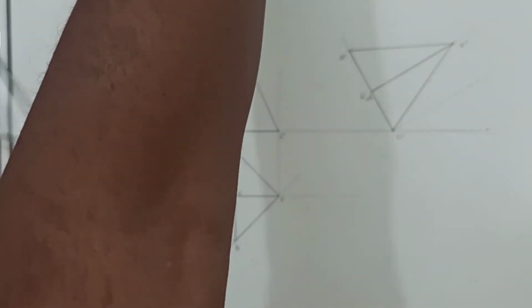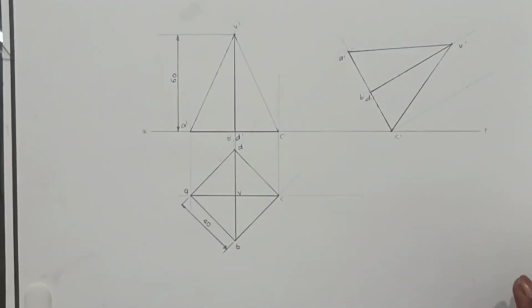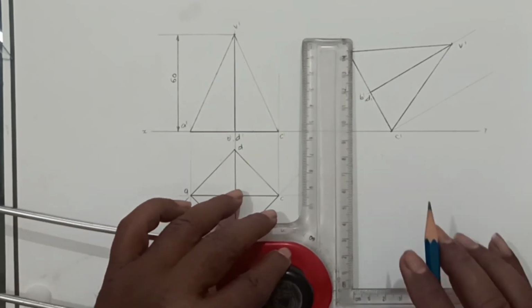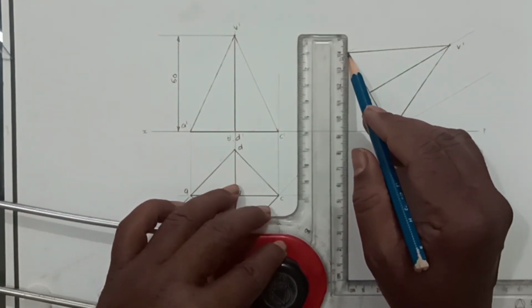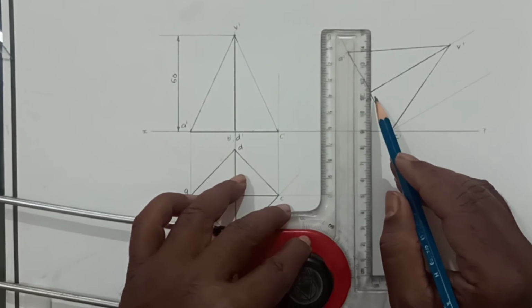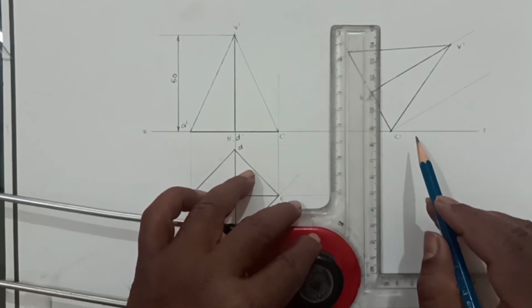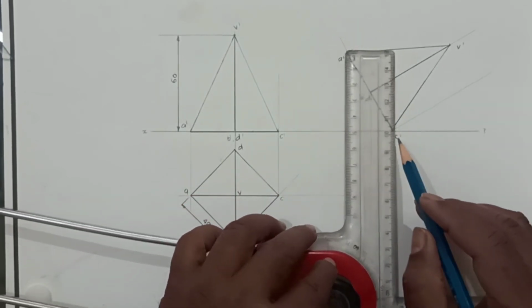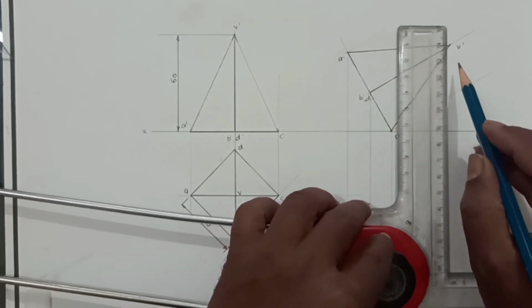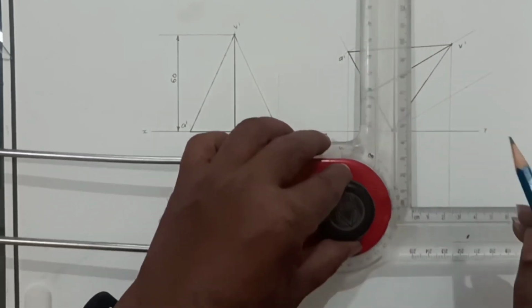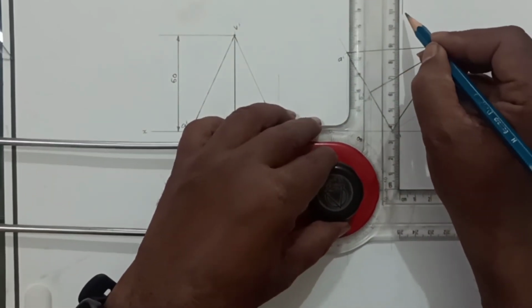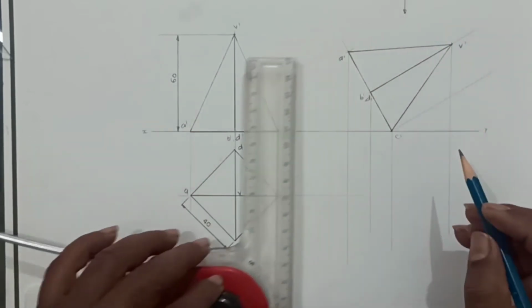Now finally draw the projections in downward directions through all these points. Now we are looking for the top view in this direction.